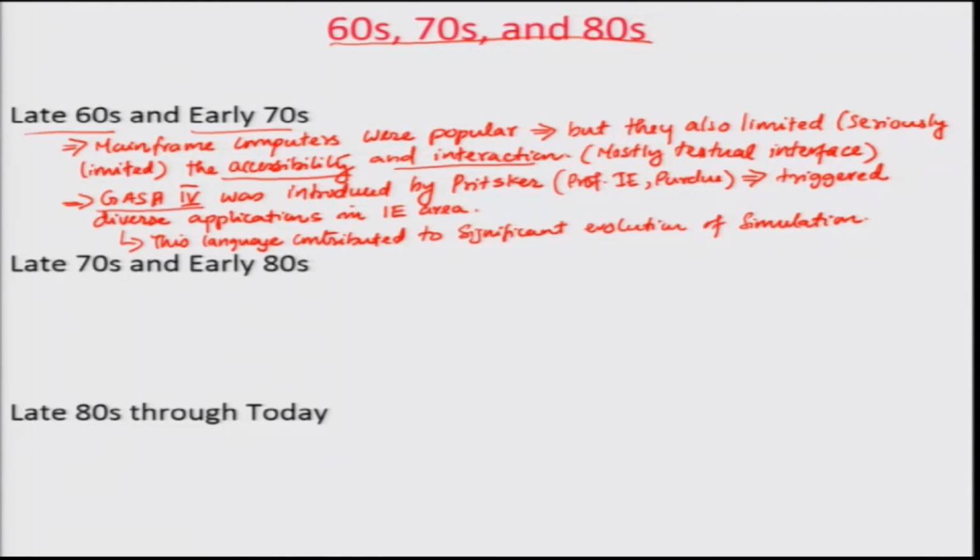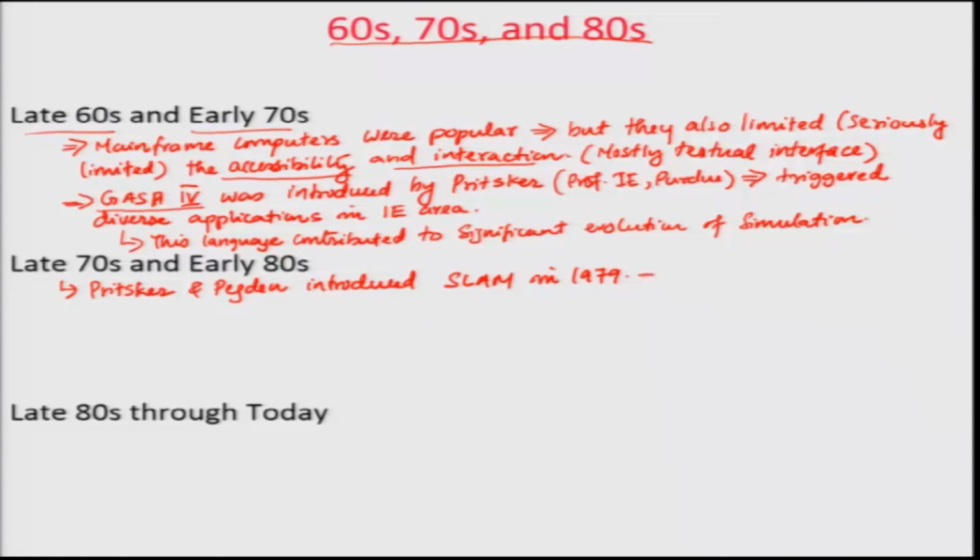Okay. Then when we come to the 70s and early 80s, Pritsker continues his work, and Pritsker and Pegden joined together and introduced SLAM, another simulation language, in 1979.